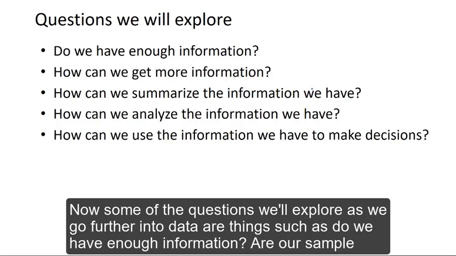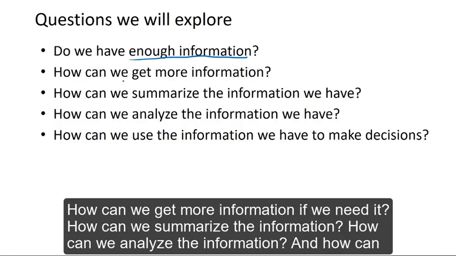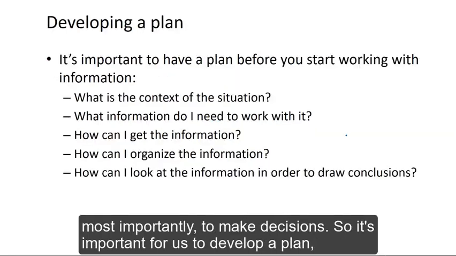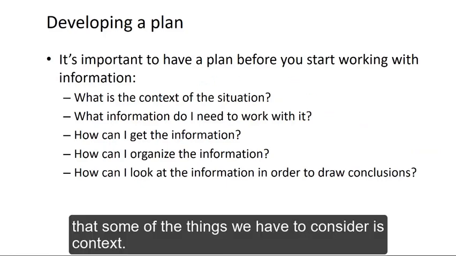Now, some of the questions we'll explore as we go further into data are things such as, do we have enough information? Are our sample sizes large enough? How can we get more information if we need it? How can we summarize the information? How can we analyze the information? And how can we use this, most importantly, to make decisions? So it's important for us to develop a plan. Some of the things we have to consider is context.